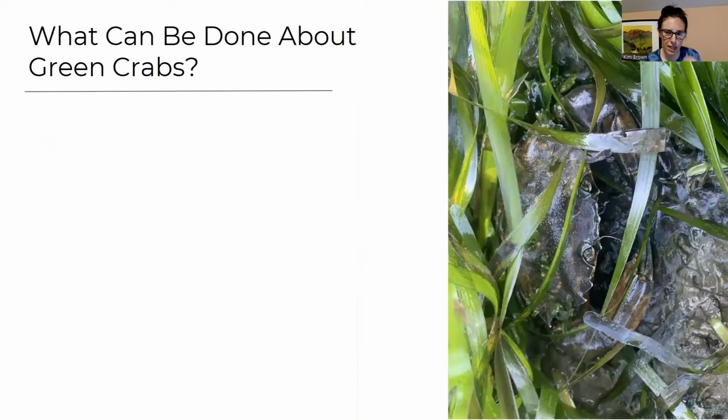So we've seen the variety of strategies that different states are taking in terms of green crab management. Is one working better than another? Does the East Coast have any lessons that we can learn from? Is there anything that scientists are specifically calling for? And it is hard to say whether one state is doing a better job than another, and that is because populations of green crabs are fairly new to the West Coast.